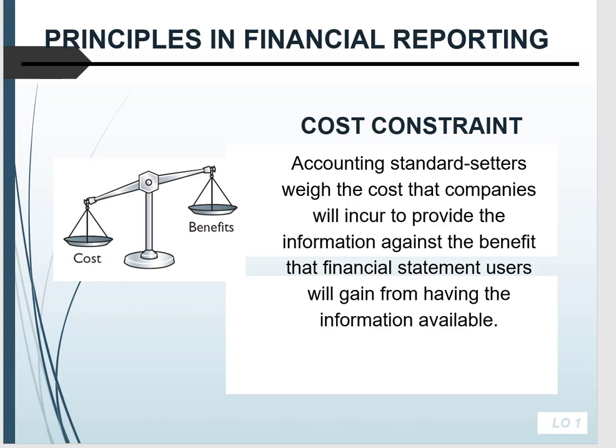So they decide in the end, if something is so difficult to determine that it's very expensive to get the data, and the benefit of that is of minimal importance to investors, then they're not going to set a rule or a regulation that requires something to be done with that specific piece of information, right? So they compare the expense of gathering and providing the data to the benefits to users of the data.